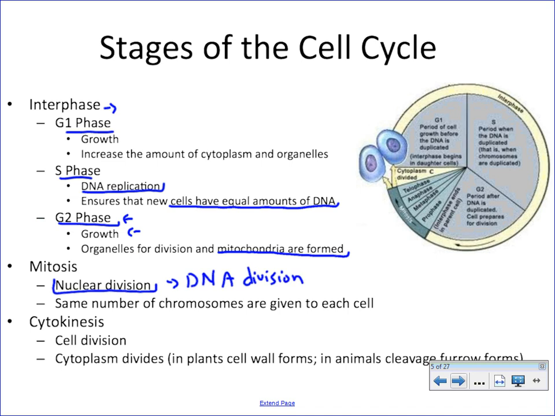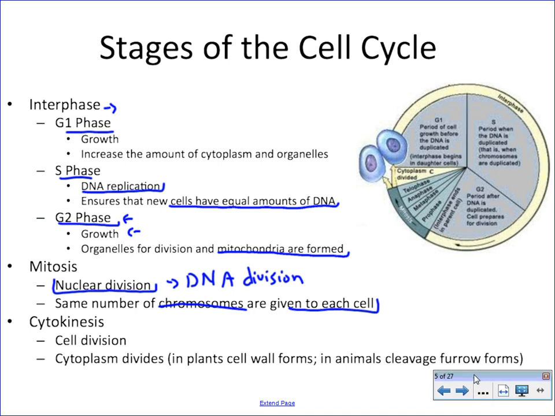The DNA will get divided between those two cells, and mitosis will ensure that the same number of chromosomes are given to each cell. A cell can't have too many chromosomes, and a cell shouldn't have too few. There's an exact number of chromosomes that are needed, and mitosis should ensure that each cell gets the exact number.